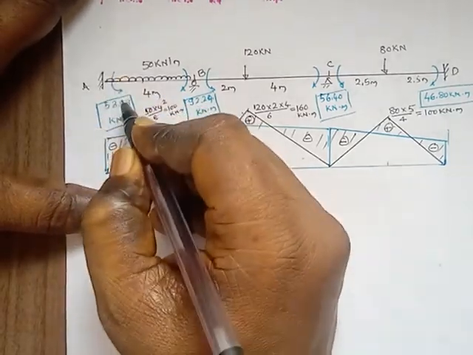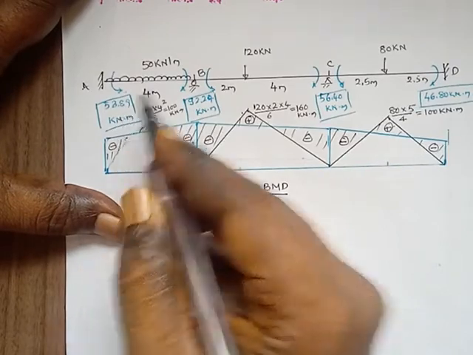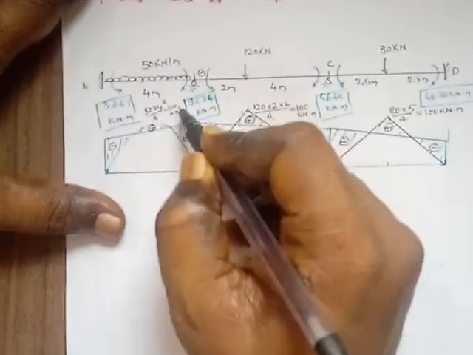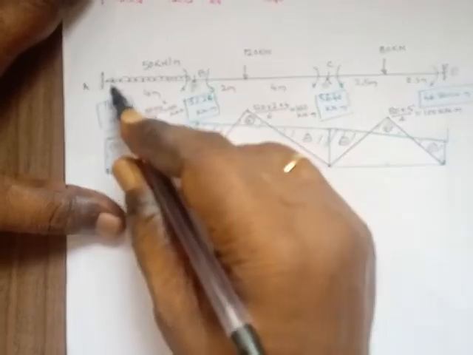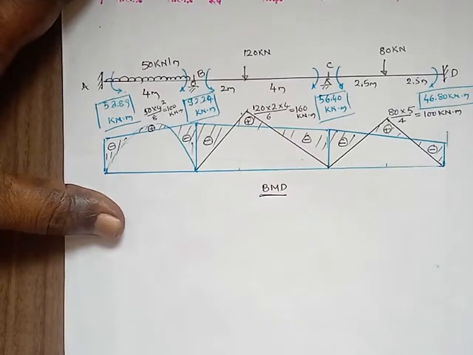Here the support moments are 53.89 kilonewton meter and 92.24 kilonewton meter. Both the support moments at A and B are hogging moments.